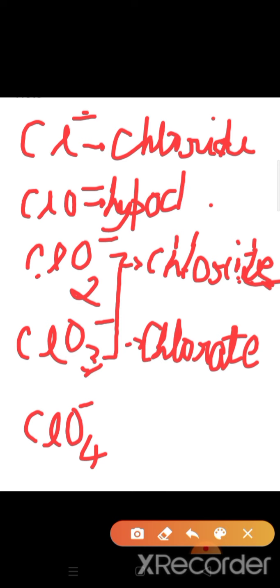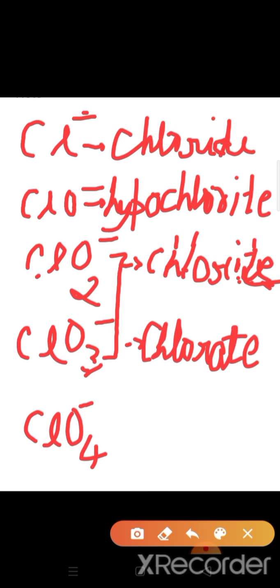Cl negative, chloride. ClO negative, hypochlorite. ClO2 negative, chlorite. ClO3 negative, chlorate. And what is the name of ClO4 negative? ClO4 negative has the maximum number of oxygen, one more oxygen than ClO3 negative.